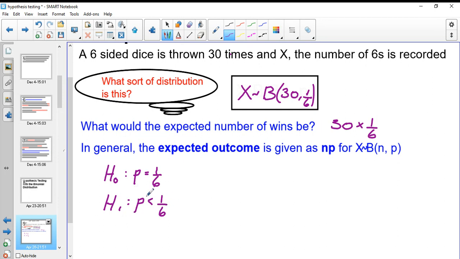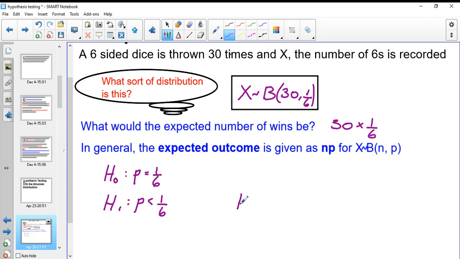So using the hypothesis test, we would then look to compare and see whether there is enough evidence based on the fact that they got no 6s to say if this is true or not. Okay, or it could be someone plays the game and they get 15 sixes.